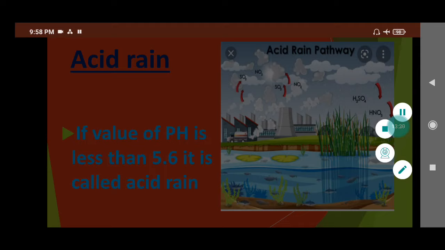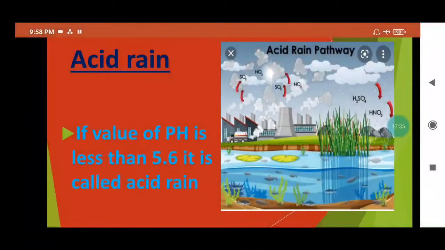If the pH value is less than 5.6, then it will be a strong or a moderate acid. And what we get is acid rain. That implies when we test the pH value of rain, if it is less than 5.6, it implies it is an acid rain. Why do we get acid rains? Because of pollution. The sulfur oxides and nitrogen oxides present in air are the cause for formation of acid rain.